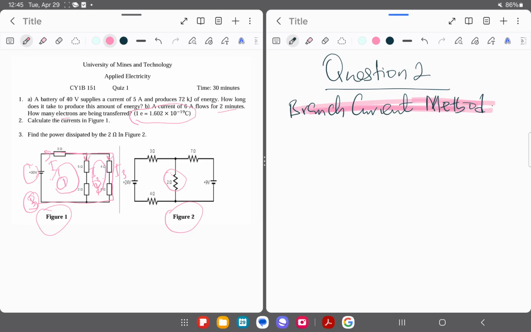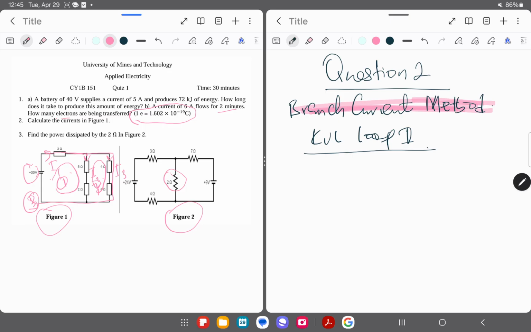Once I've done this, I'm going to write the equation, right? So here we are applying Kirchhoff voltage law to loop 1. This is my loop 1 here.